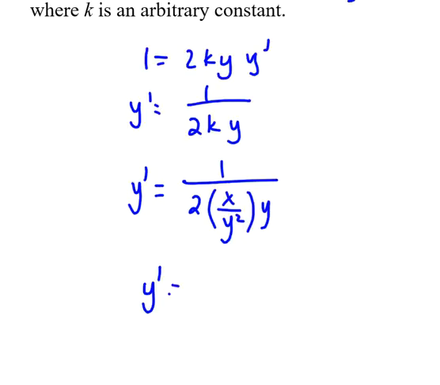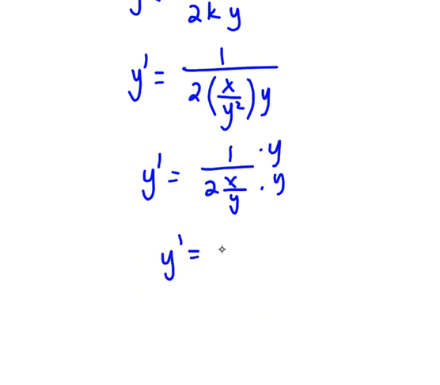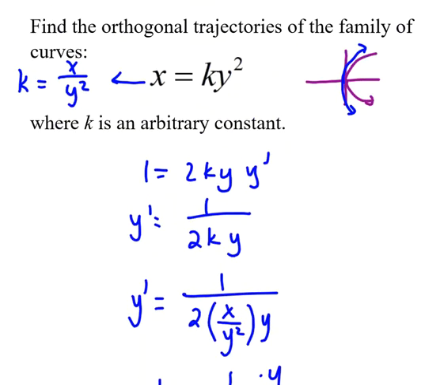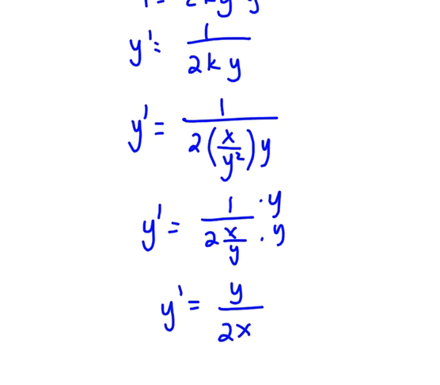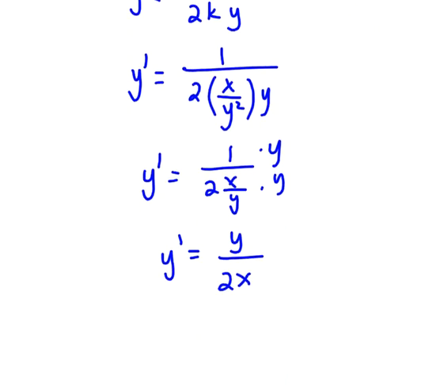Now I have y prime is equal to 1 over 2x over y. Multiply top and bottom to get rid of that complex fraction. y prime is y over 2x. The reason I did that was I eliminated the k, whatever that arbitrary constant is. So now I've gotten rid of that.